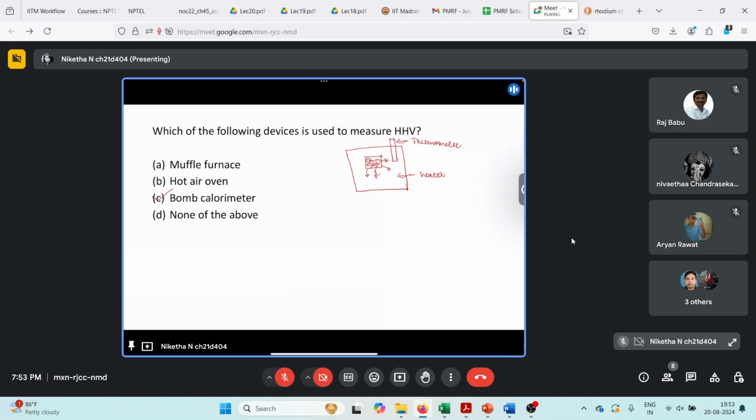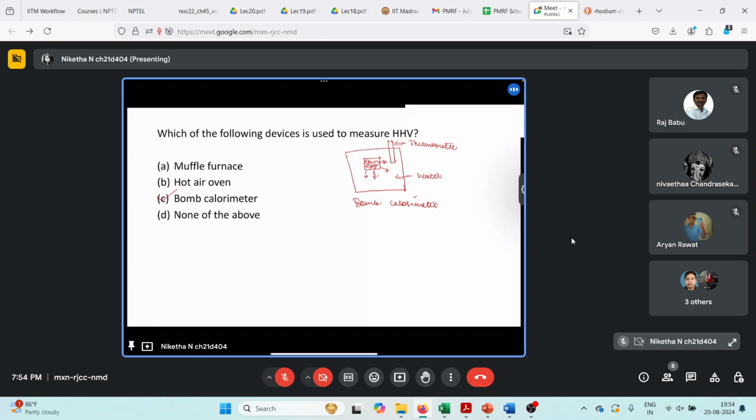So this apparatus is called a bomb calorimeter. The energy that is released is dependent on how much calorific value your waste will have. So that is determined using this apparatus.